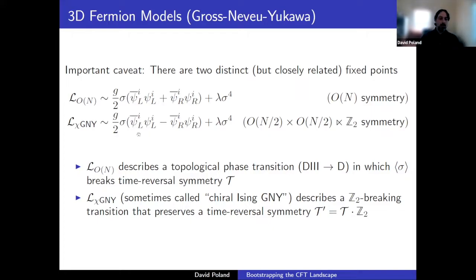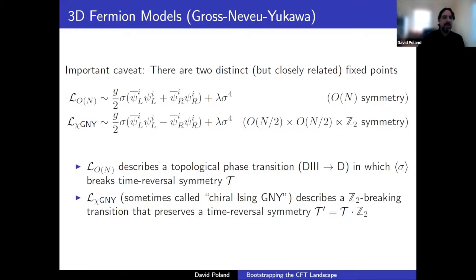It's an ON/2 cross ON/2 symmetry, rotating each set of fermions into each other, combined with a Z2 symmetry which flips sigma, sigma goes to minus sigma, and flips psi L with psi R, exchanging the two sets of fermions with each other. These two models are very similar in many respects, but they describe different physics.